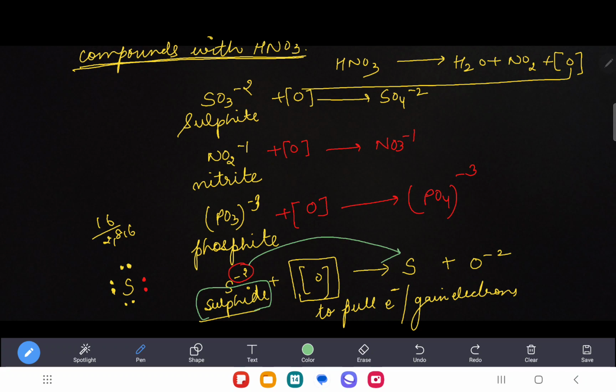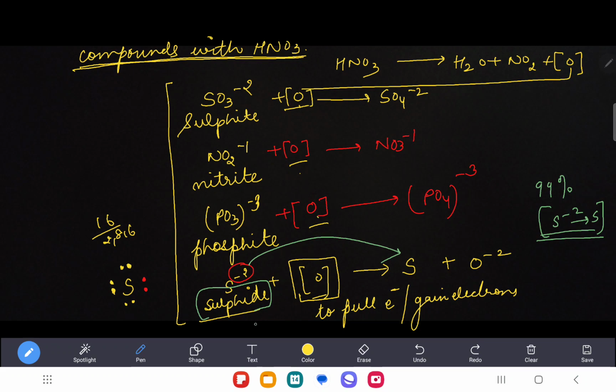Even if you have lots of oxidizer, 99% sulfides will convert into sulfur. Do you understand my point? So whenever you see any compound with nascent oxygen, no matter where this oxygen is coming from, sulfite will always convert to sulfate, nitrite will always convert to nitrate, phosphite will always convert to phosphate, sulfide will always convert to sulfur.